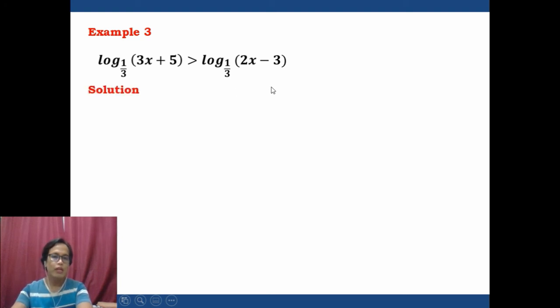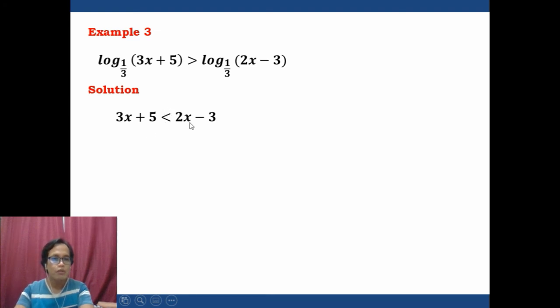To write this inequality applying the second rule, the greater than becomes less than. So we leave the log here. We copy 3x plus 5 and 2x minus 3. But this time, instead of greater than, our symbol becomes less than.